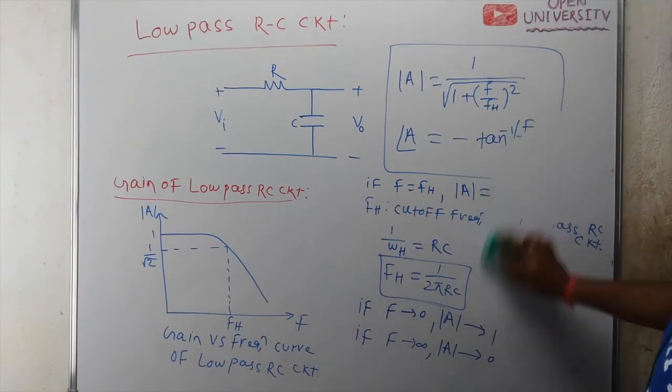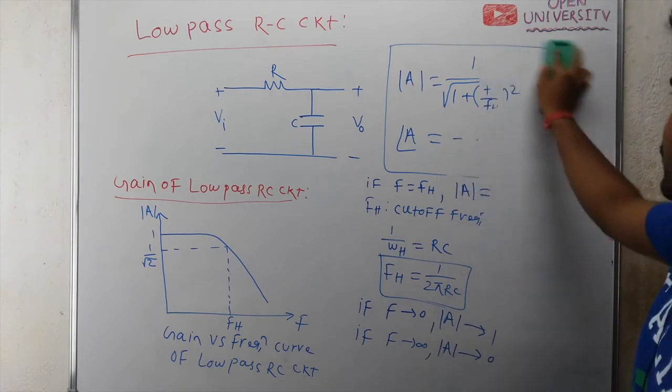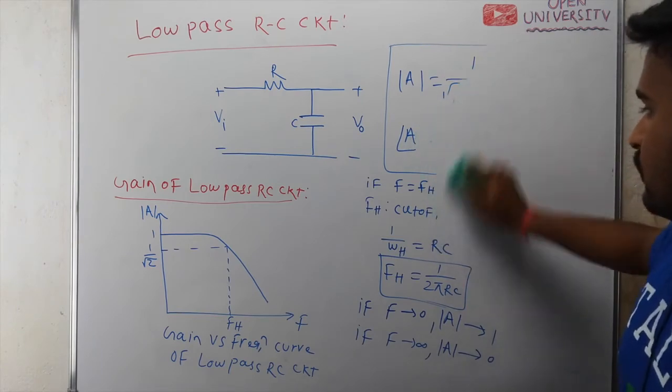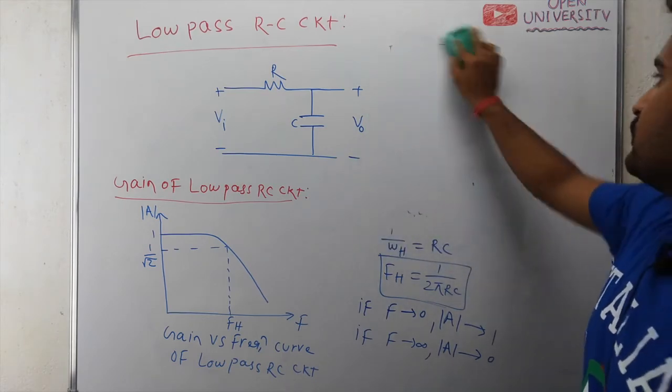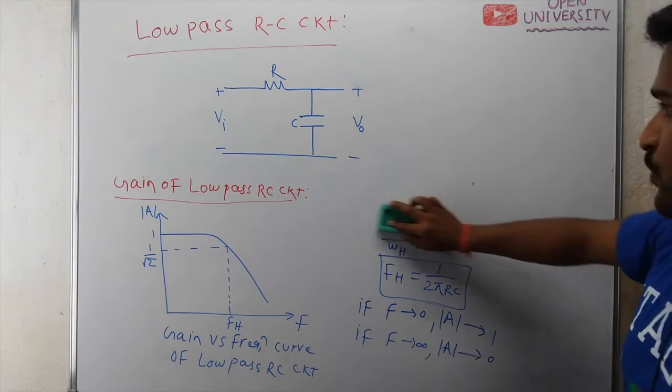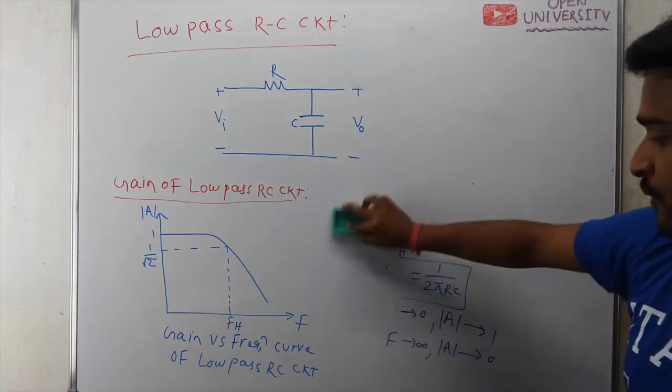Next, give the heading square wave response of your low pass RC circuit. Means when input signal is a square wave signal, what is its output waveform?